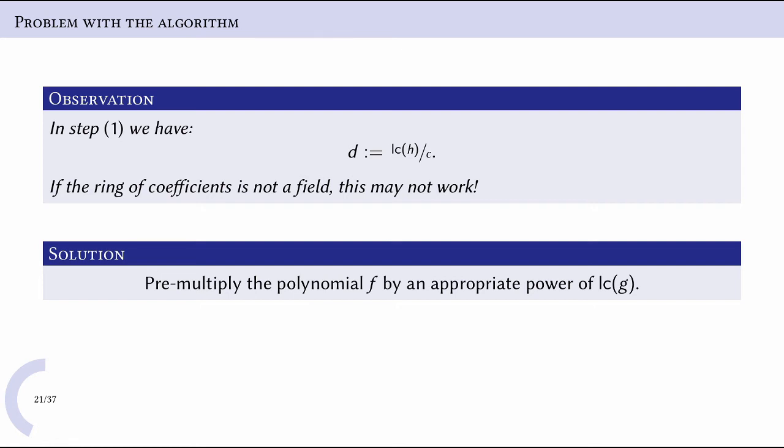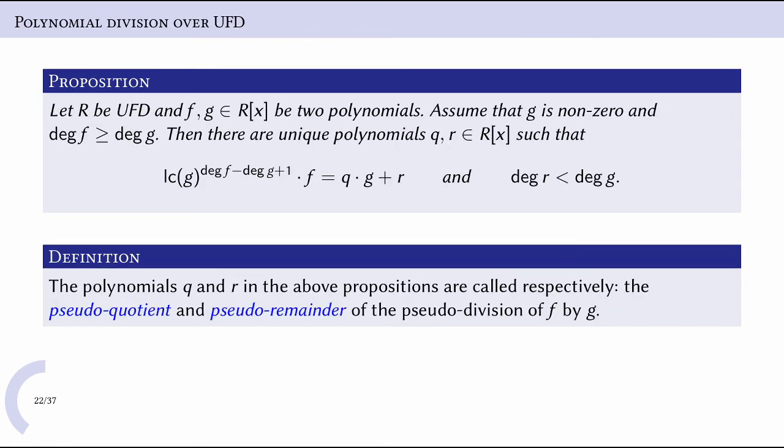We first multiply f by a certain power of the leading coefficient, and then it is obvious that all the divisions will be possible. And such an operation is called pseudo division.